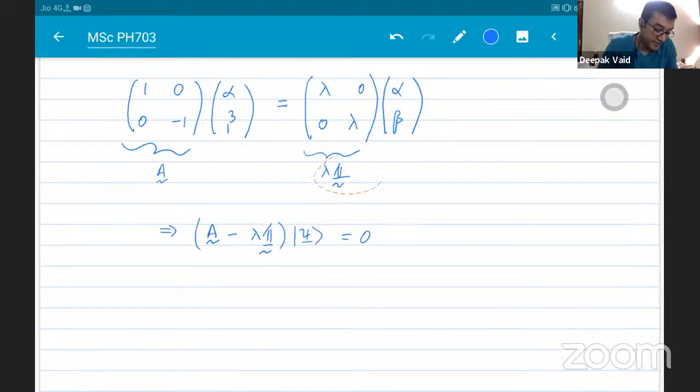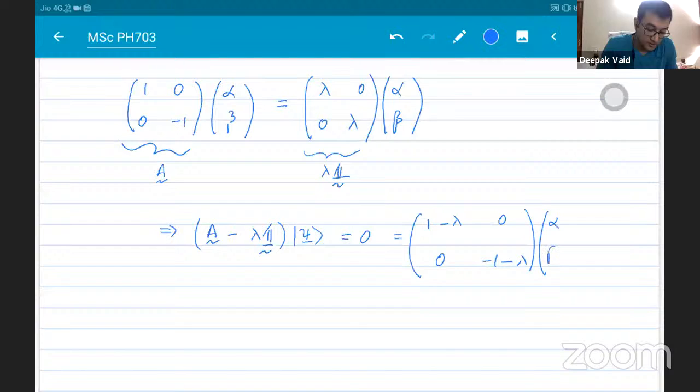I can take this matrix over to the left hand side, and so then this becomes the first matrix minus the second matrix times the vector psi is equal to 0. And what is that? That is 1 minus lambda, 0, 0, minus 1 minus lambda, times alpha beta is equal to 0. This is what we are left with.